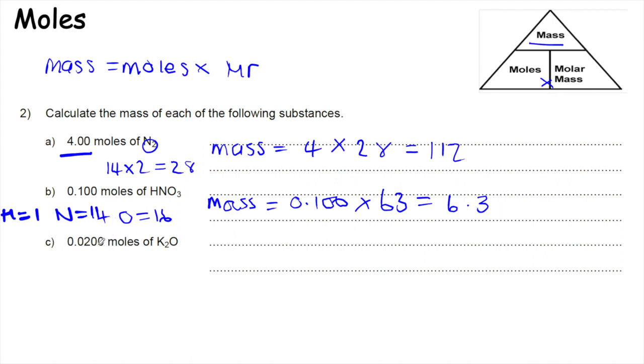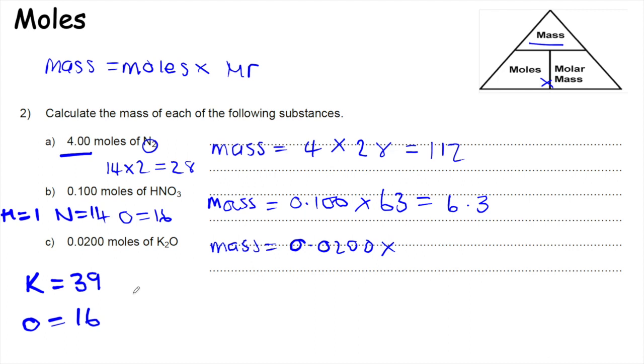The final one down here, to work out potassium, so K is 39, oxygen equals 16. So the mass would be your moles, which is this one here, 0.0200 times the MR. So let's work out the MR. Remember, you've got 2 potassiums, so 39 times 2 plus your 16 for your oxygen gives you a total of 94.